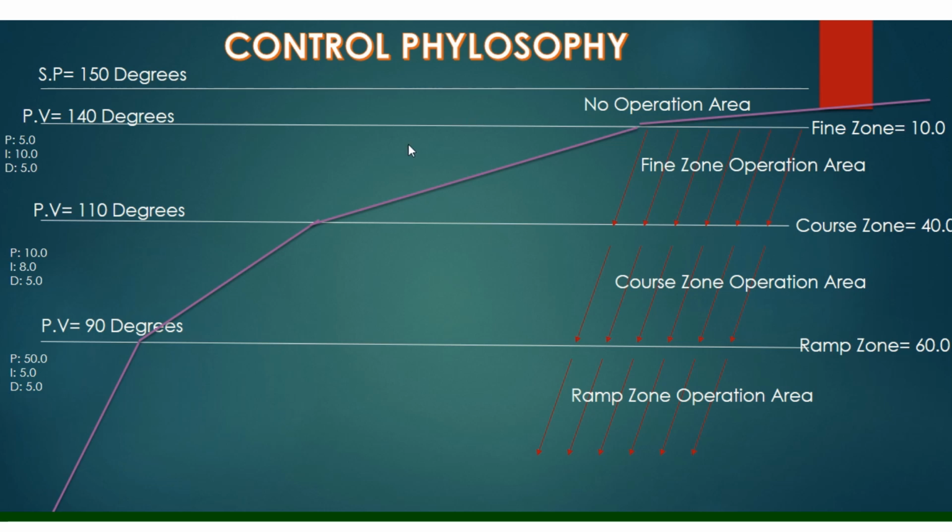So up to this 140 degrees, I kept the burners at different values. But after this value, 150 degrees, I am turning off my burner and my supply is now zero.